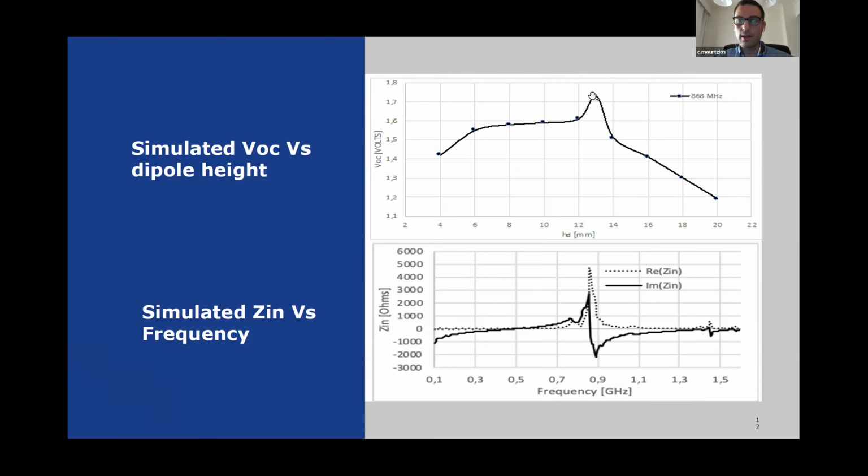It is where the focusing phenomenon takes place. So this maximum validates the focusing phenomenon. It actually implies an amplification of the voltage, since at this point, as you can see here, VOC at the input terminals of the dipole reaches 1.76 volts.